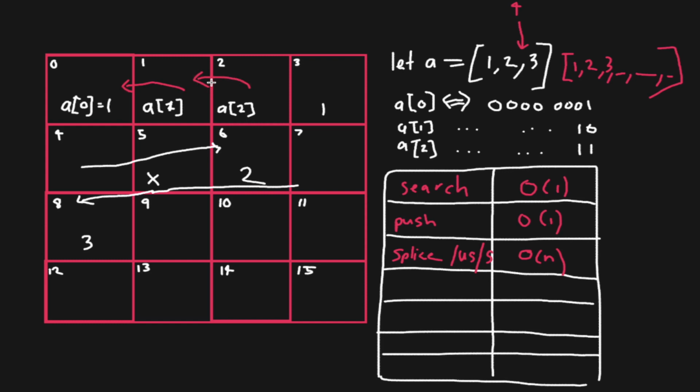So that's where the name from JavaScript comes from. And then unshift is essentially the reverse, where rather than shifting everything back, you have to move everything the other way to make room for the new element at the beginning. So in JavaScript they call it unshift.